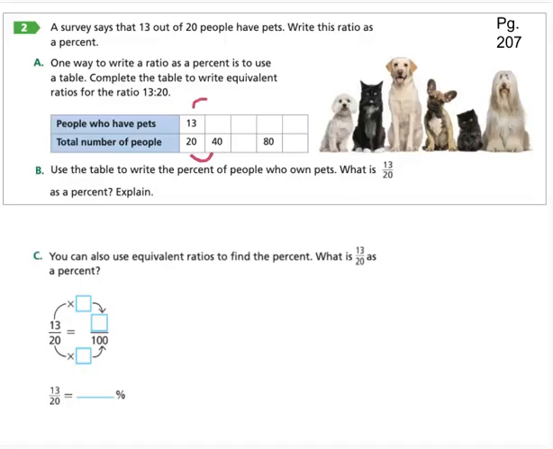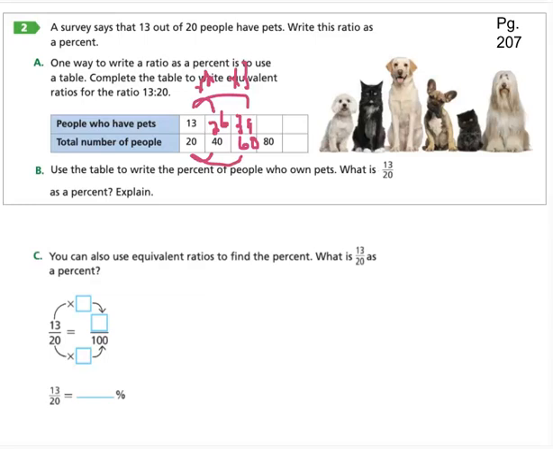So 13 times 2 is 26. 13 times 3, and 20 times 3. That's going to be 60 on the bottom, and that's going to be 39 on top.